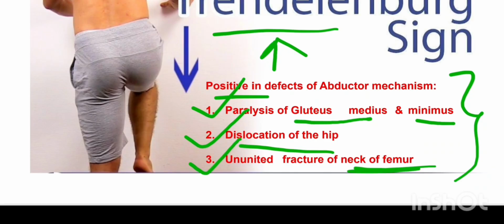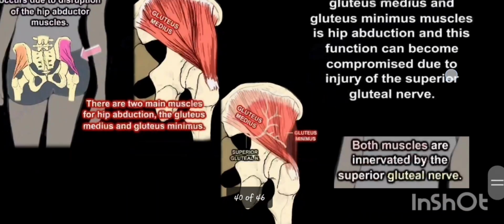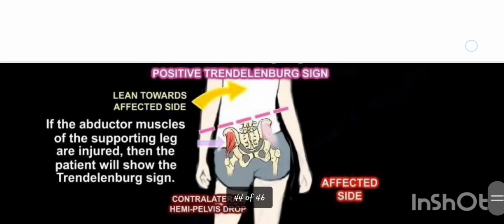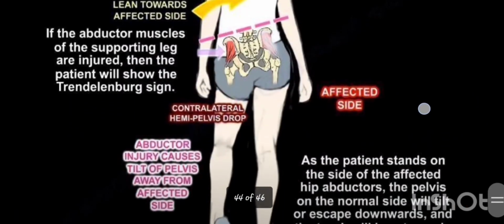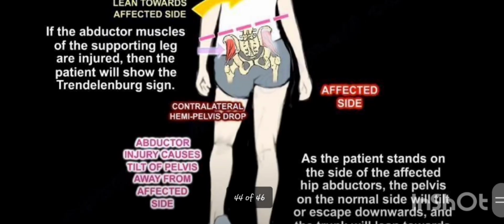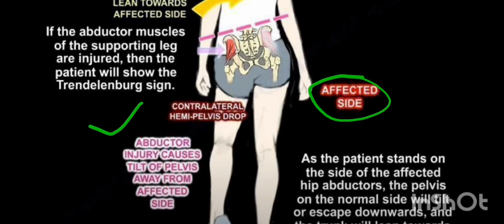You can see here the Trendelenburg sign positive. This is the affected side and this is the normal side. When the person is asked to stand, the hip joint becomes imbalanced, so the person cannot stand properly.